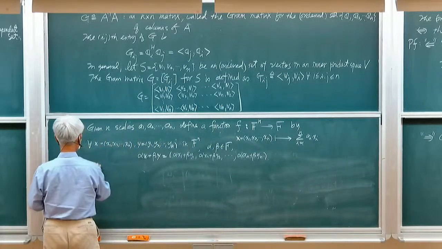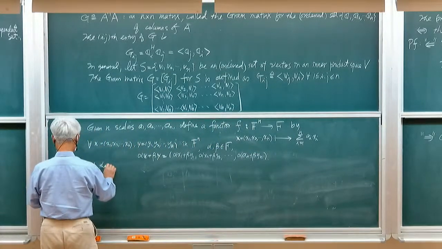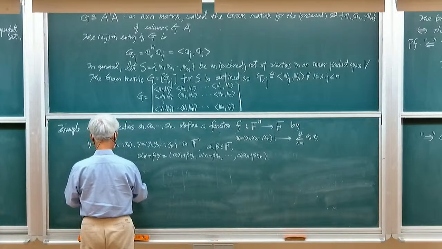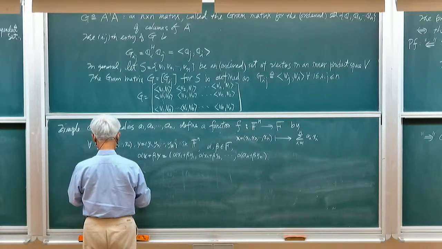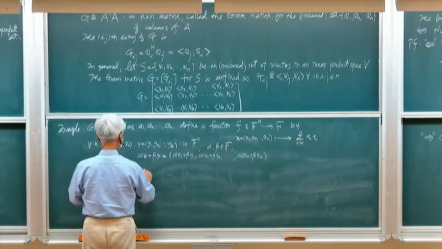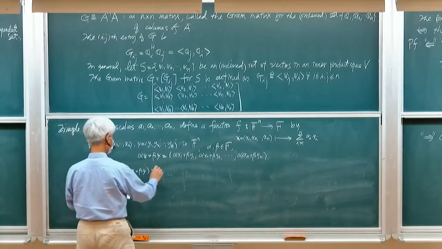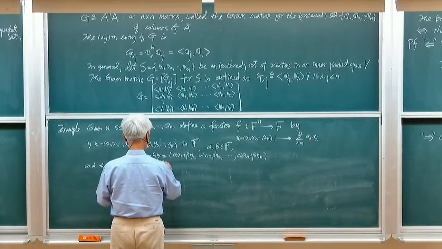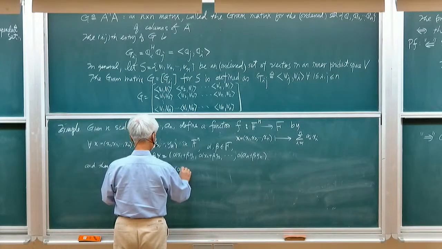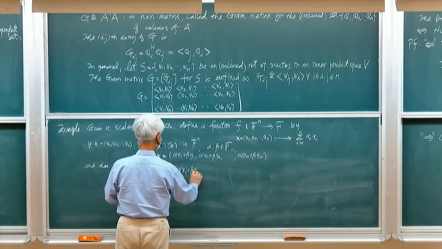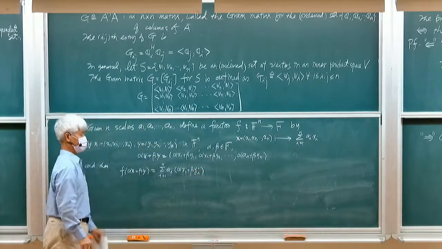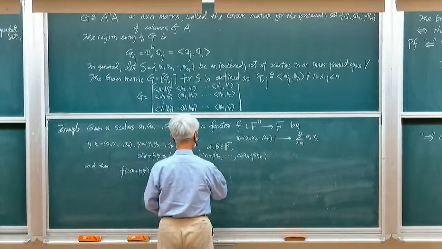So the value of f at this linear combination, by definition, is equal to the sum weighted by a_i of alpha x_i plus beta y_i.